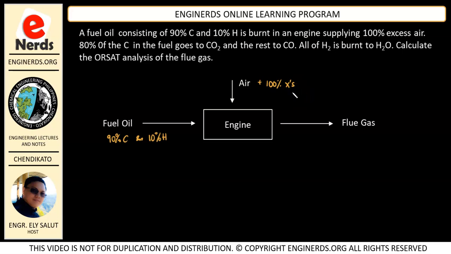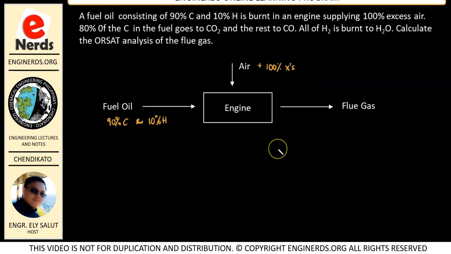Okay? So, ang kailangan nating makuha is yung ORSAT analysis natin dito sa ating flue gas. But in order to solve for this problem, we need to set a basis. Okay? So, let's use as our basis a 100 pounds of fuel oil.